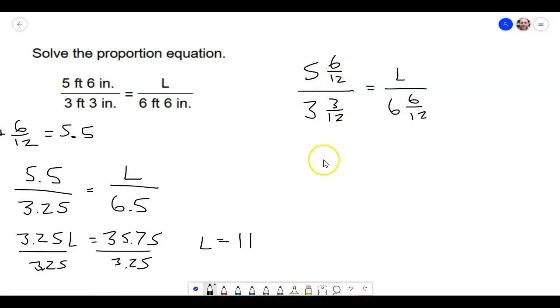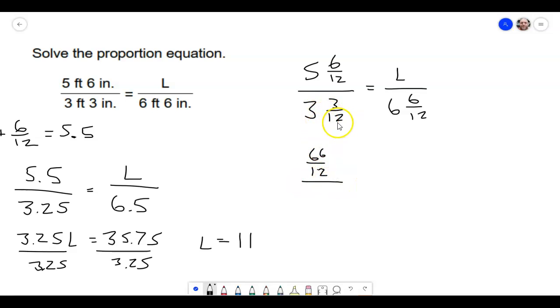Let me know if you have any trouble with this. So 5 times 12 is 60, plus 6 is 66, and I'm going to put the 66 over 12. I'm going to do the same thing with this one.